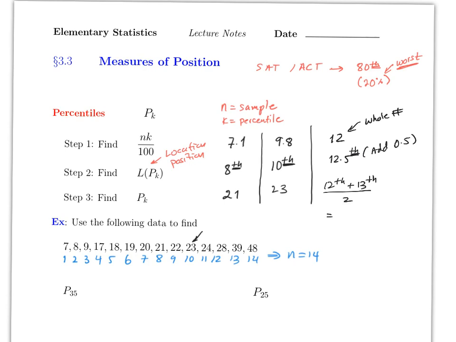So in our case, position 12 is 28, position 13 is 39, then divided by 2, which will give us 35.5, and this will be the answer. So remember, if you get a decimal, you round to the next whole number, and if you get a whole number, you add 0.5 to it.